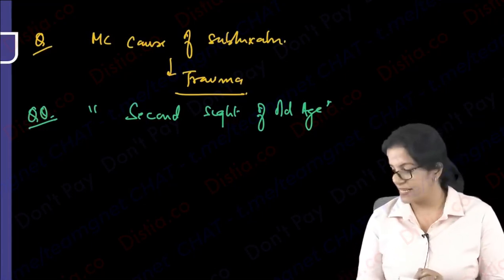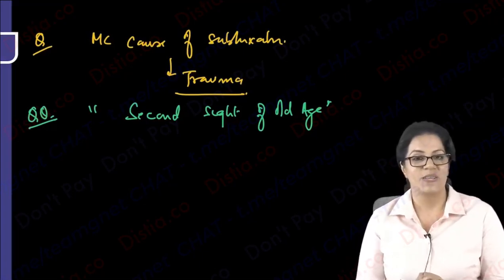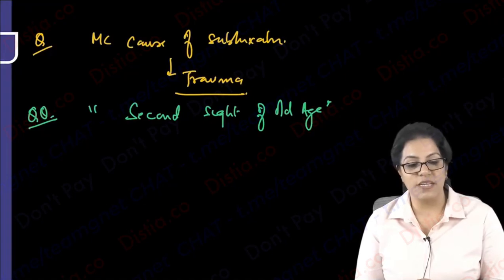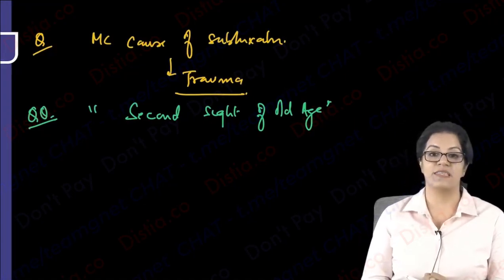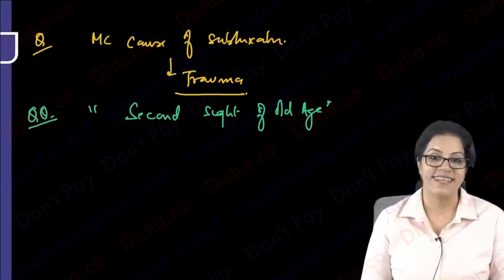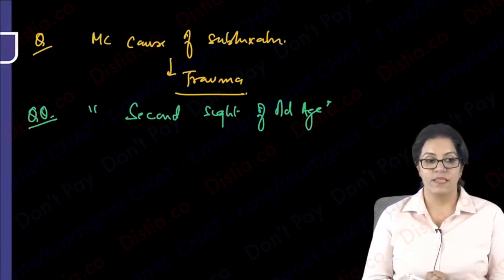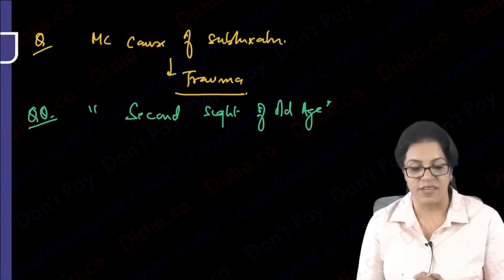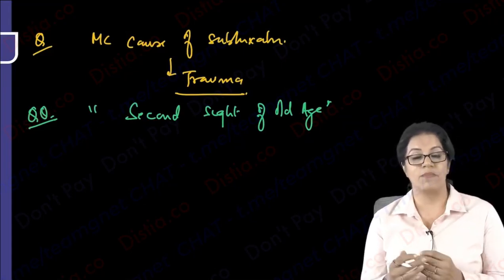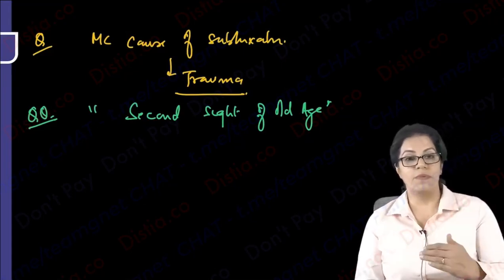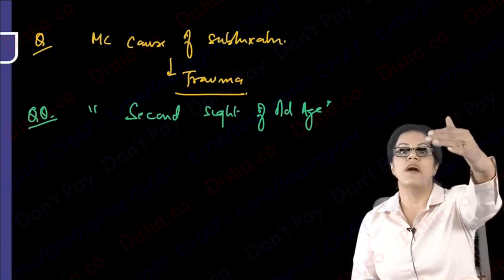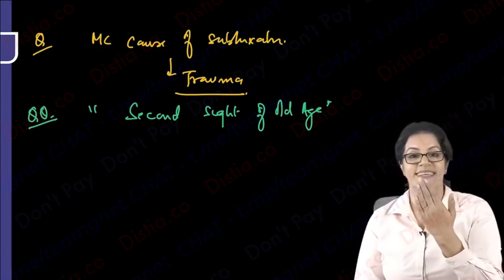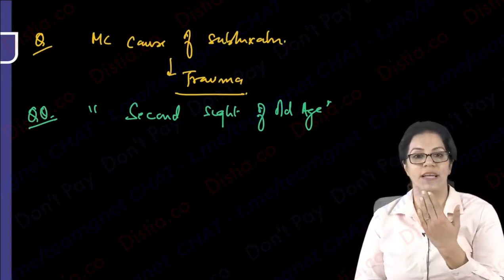Pay attention, it's very interesting. So when you say second sight of old age, first we have to understand the basics of accommodation. So, what are the components of near reflex? I'm trying to ask you, what happens when you look from a far distance to a near distance? Three things are happening in your eye.